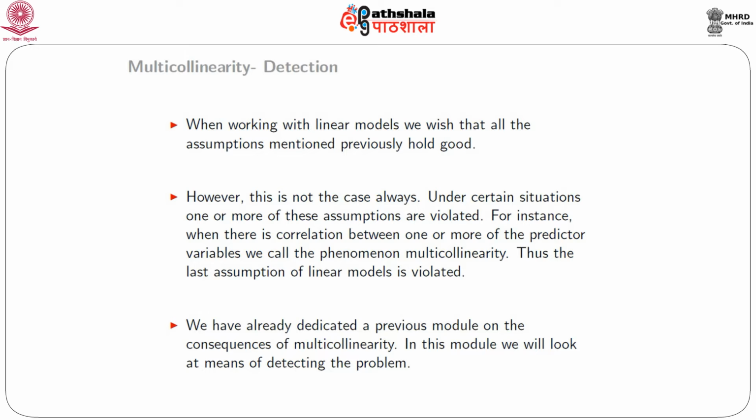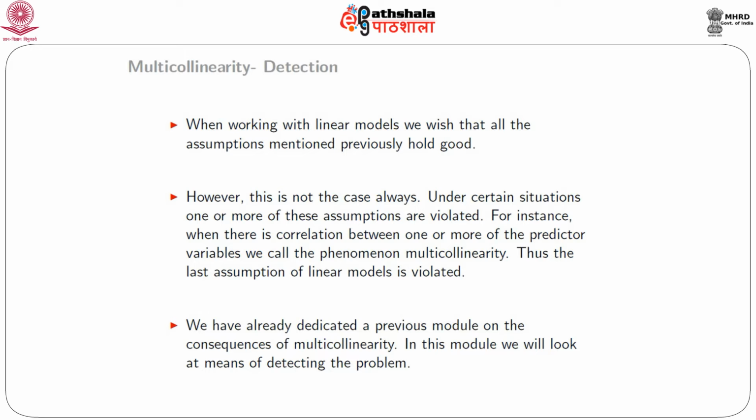However, this is not always the case. Under certain situations, one or more of these assumptions are violated. For instance, when there is correlation between one or more predictor variables, we call it multicollinearity. Thus, the last assumption of the linear model is violated.